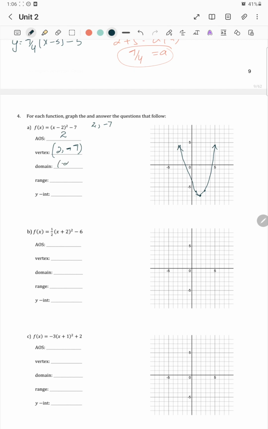Domain is going to be minus infinity to plus infinity. Range is going to be y values from minus 7 to positive infinity.